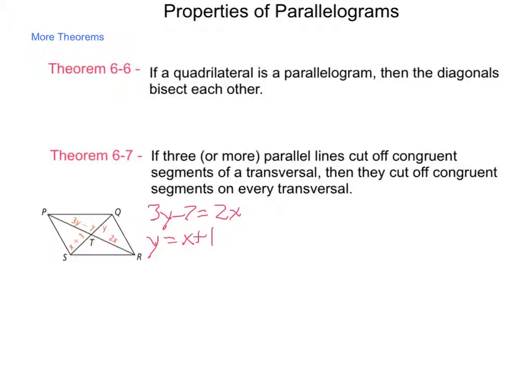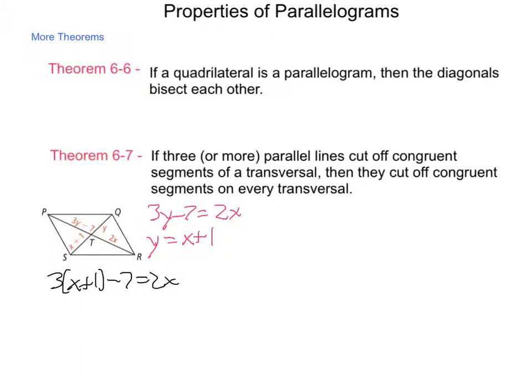Now, using systems of equations that should have been learned back in algebra, y is equal to x plus 1, that means where y is located in this first equation, we can substitute x plus 1 into it. So what that will give us is 3 times x plus 1, the value of y, minus 7 equals 2x.